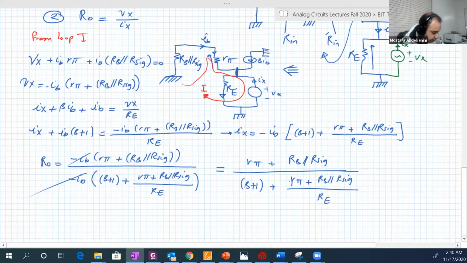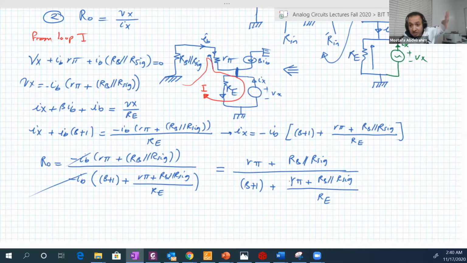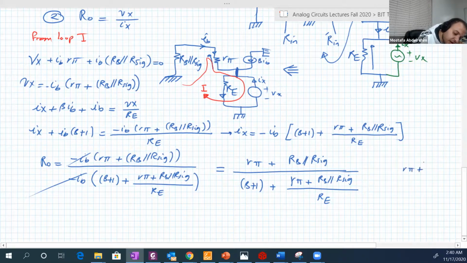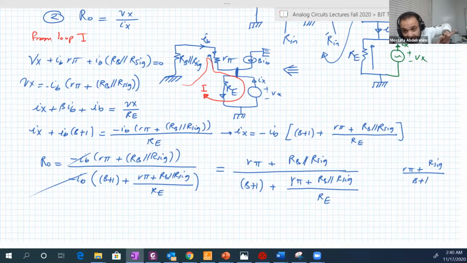Okay. Before we continue, remember in the first example that I gave for the common collector, RO was R pi plus R signal, both over beta plus 1. Okay, so we need to check now if we are on the correct path or not.